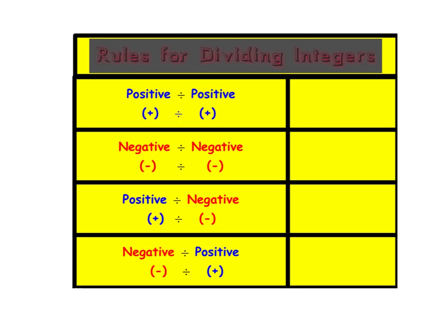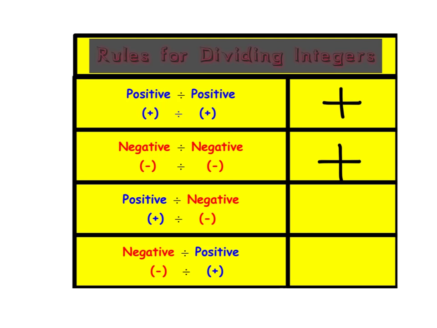All right, you should copy this down into your notes or screenshot it after we fill it in, because these are our rules for dividing. They look very much like multiplying. When you have a positive divided by a positive, what will your quotient be? Good, positive. If you have a negative divided by a negative, what will your quotient be?